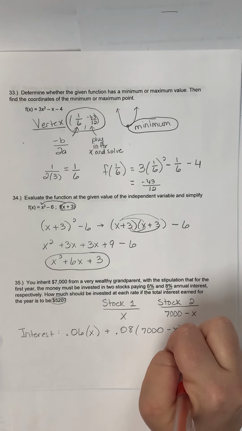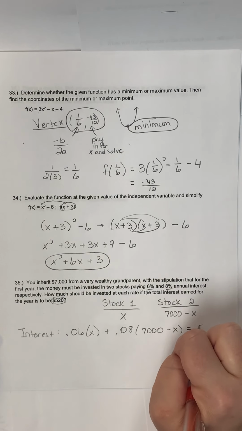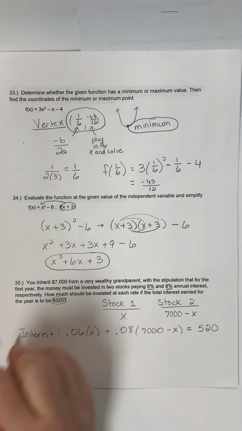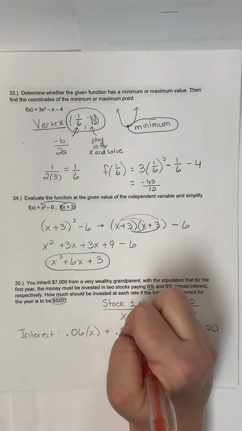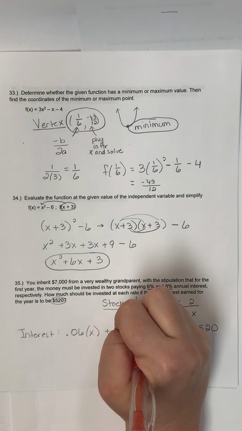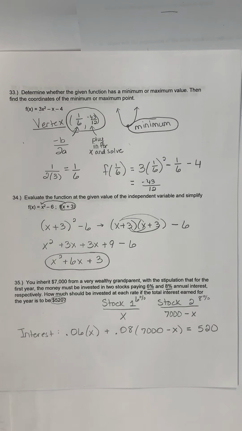Okay, that is going to equal $520 because this is just for interest. So this was stock 1, we said was at 6%. This is stock 2, we're going to call it at 8%, but we changed it to a decimal. And when we add up this amount of money, we're going to get $520.